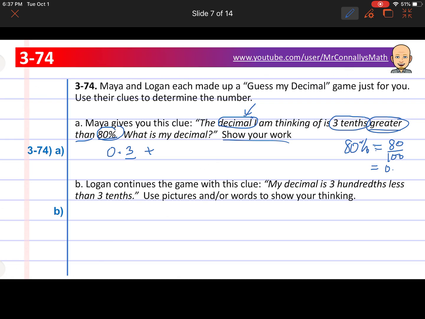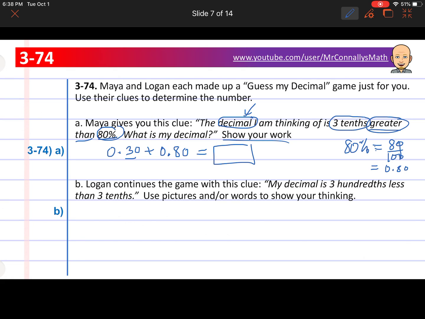So that's the same as 0.8. And we can put a 0 there. We don't have to. Because remember, 8/10 is the same as 0.8. Okay, 0.8 or 0.80. It doesn't matter. You can even add a 0 here. Okay, add those up. Line up the decimals. And that'll be your answer in decimal form.